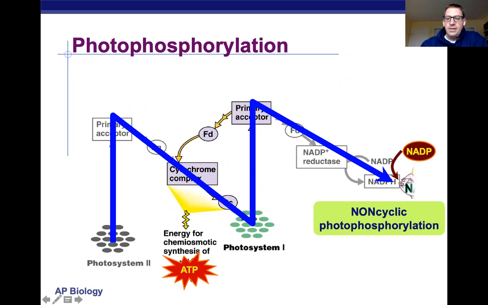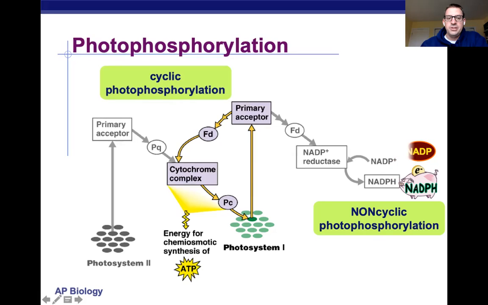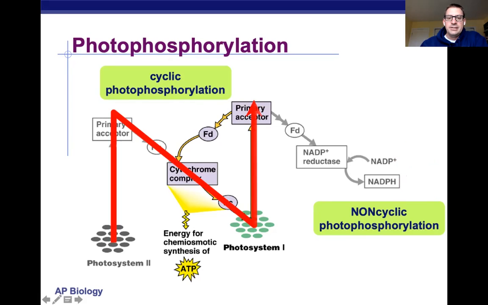However, in cyclic photophosphorylation, what happens is that the electrons reach photosystem 1, they get excited, they get passed to ferredoxin, which is a protein in an electron transport chain that is able to then pass those electrons back to the original electron transport chain between photosystem 2 and photosystem 1. Those electrons get passed down, more protons get pumped into the thylakoid space, and more ATP is generated.